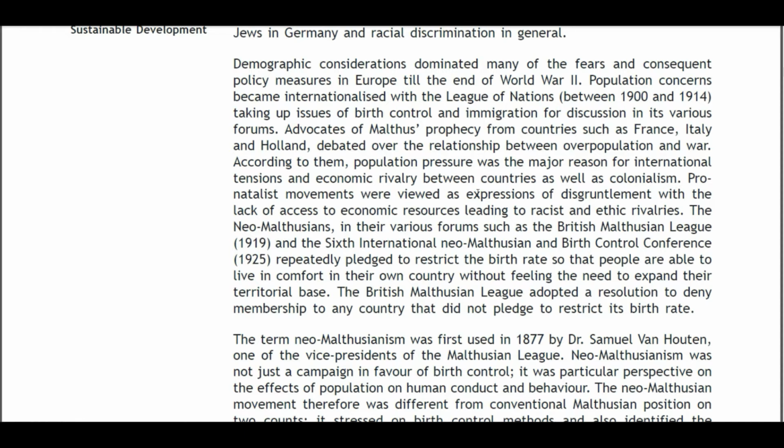Pro-natalist movements were viewed as an expression of disgruntlement with the lack of access to economic resources, leading to racist and ethnic rivalries. The Neo-Malthusians, in their various forms such as the British Malthusian League 1900 and the 6th International Neo-Malthusian and Birth Control Conference 1925, repeatedly pledged to restrict the birth rate so that people are able to live in comfort in their own country without feeling the need to expand their territorial base.